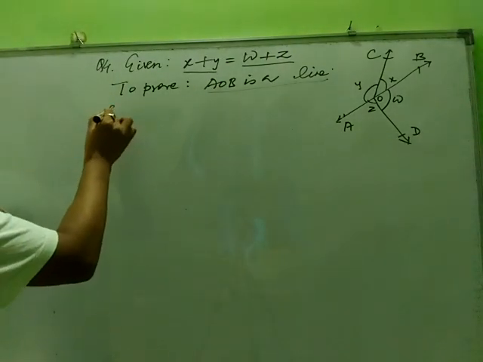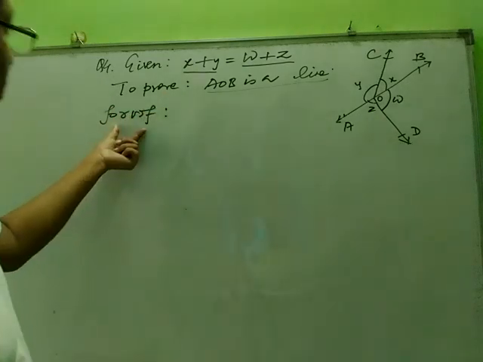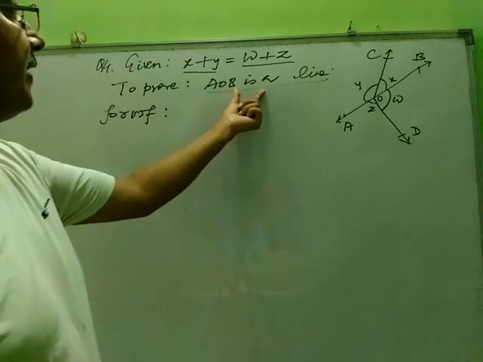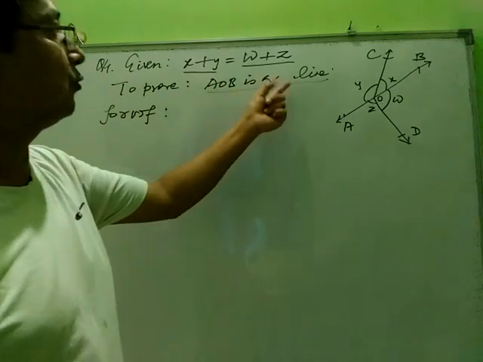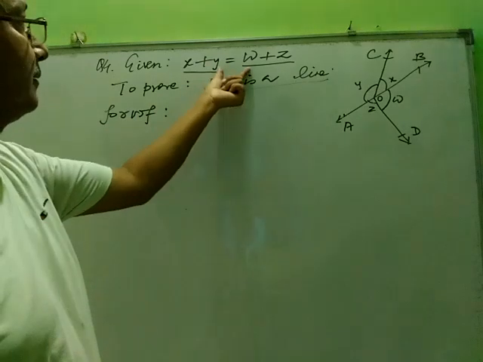Now your proof. You are going to establish this fact, that AOB will be a line. That is called the proof, establishing the truth of this statement.